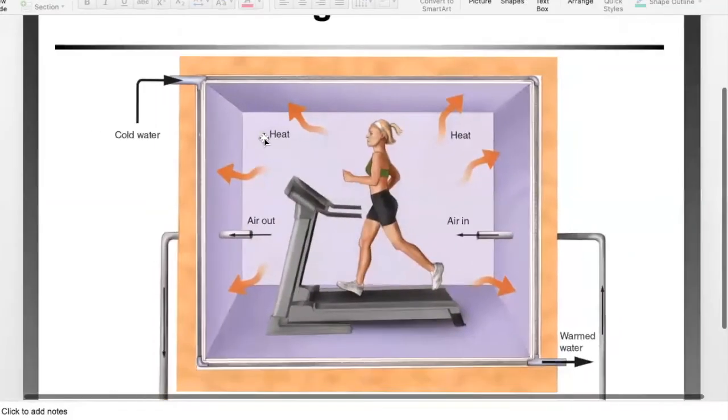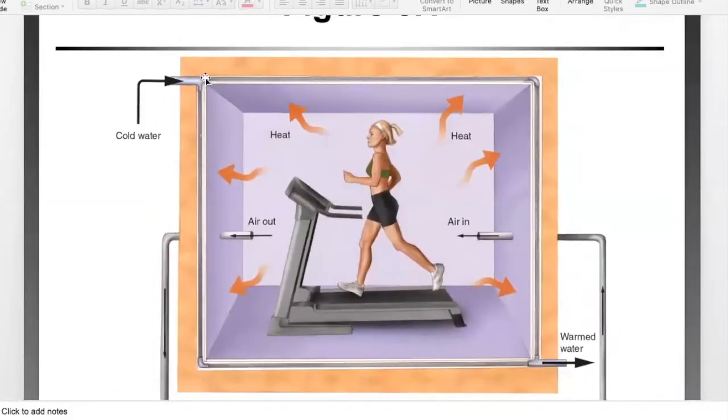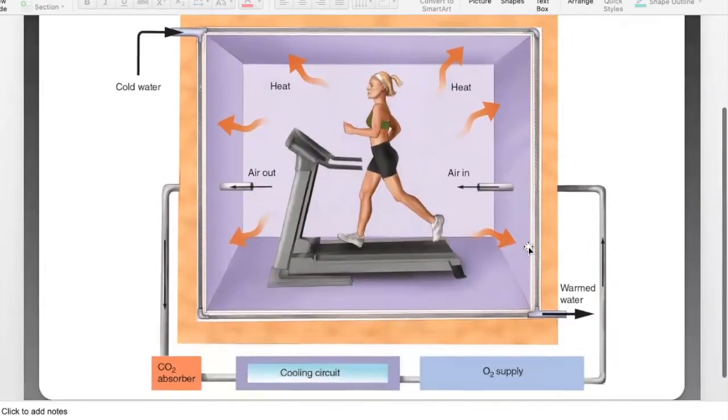They're running in this room, and the room is equipped with a chamber of cold water that surrounds it. When this individual exercises, there's a loss of heat into the environment, and that's going to increase the temperature of the water from its starting point to its end point.